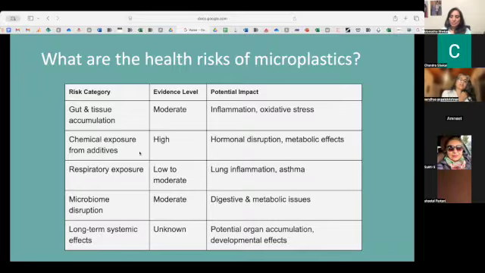And then respiratory exposure, because these are all small particles, less than 5 millimeters. If you inhale them, it can lead to respiratory complications, microbiome disruption, and long-term systemic effects are not really known, but they do accumulate in certain organs. Okay, so that's microplastics.